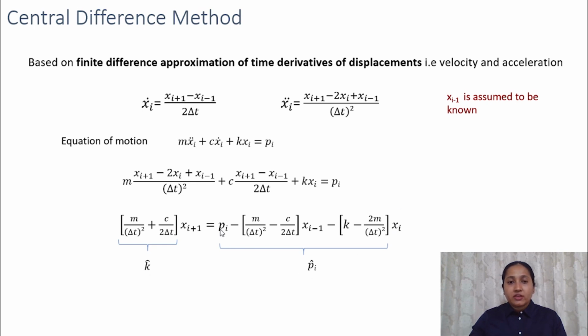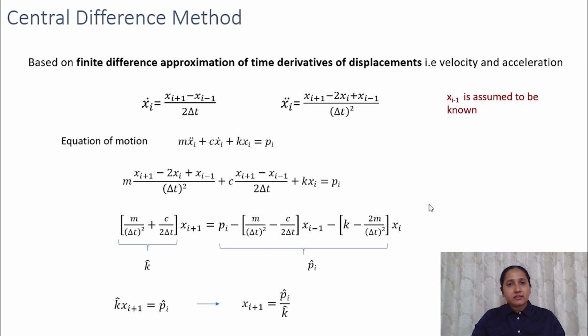So we can calculate the displacement at i plus 1 is equal to this effective force divided by this effective stiffness. After calculating the displacement at i plus 1, we can substitute this value in these two expressions and calculate the velocity and acceleration at ith time instant.